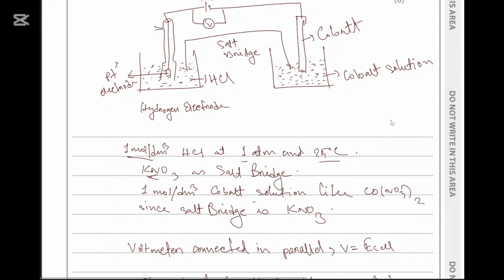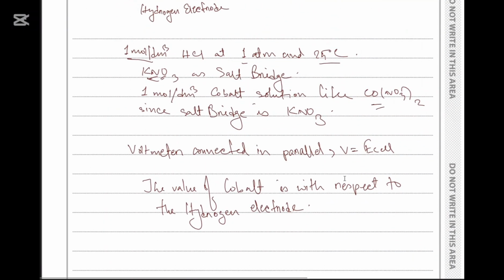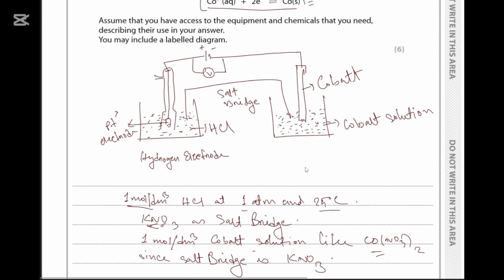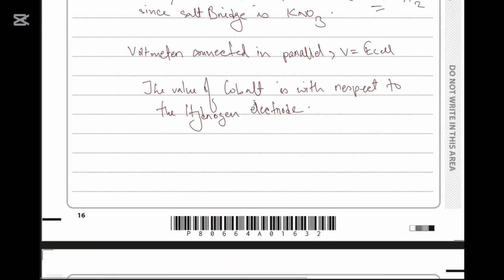Since the salt bridge is KNO3, we need the nitrate ion, so cobalt nitrate could be used as the solution. And that's it. This is the diagram, and the voltmeter reading is the E cell of cobalt, that's the electrode potential. Yeah, that's it.